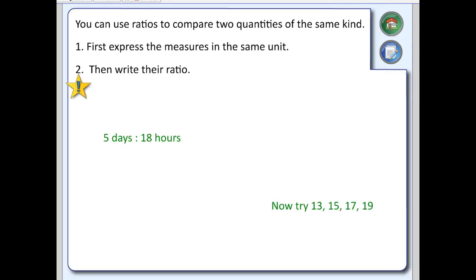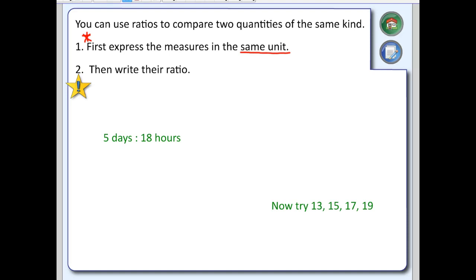Okay, now they're going to let us use some ratios to compare units. You can use ratios to compare 2 quantities of the same kind. Big important thing to remember: first, you have to express the measures in the same unit. So you've got to really be paying attention, and then you write your ratio.